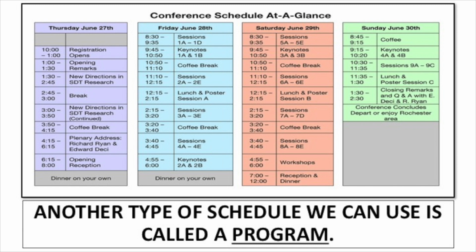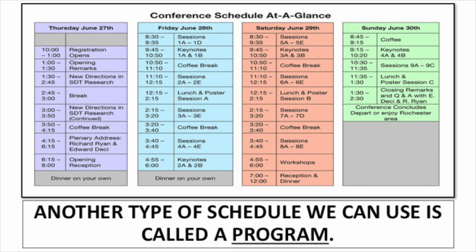Remember, first of all, we learned about the timetable. But now we're learning about a program which can go on for longer. Because here you can see a program. And what the program is over how many days? 4. You can see Thursday, Friday, Saturday, and Sunday.